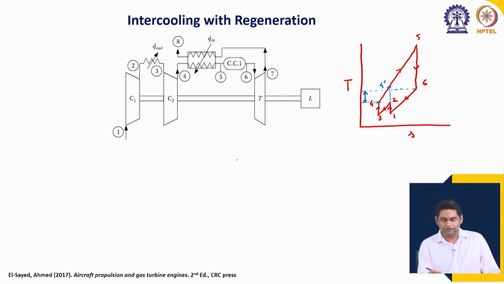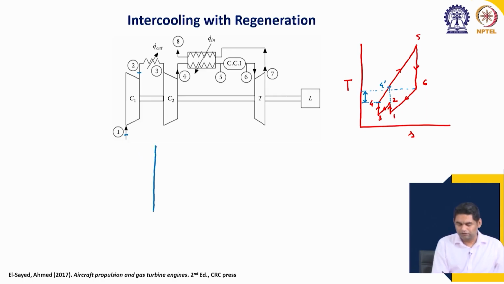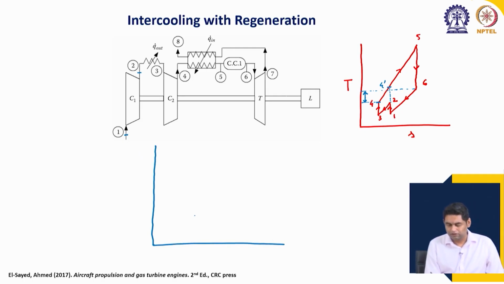Let us take a look at how the intercooled cycle works. You have the first compression process going from 1 to 2. This is the low pressure compression. We will draw the cycle parallelly. It will be similar to our intercooled cycle, but with the regeneration also added. So, 1 to 2 is the low pressure compression.